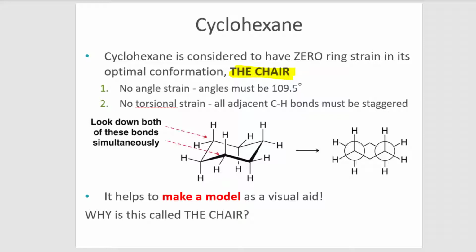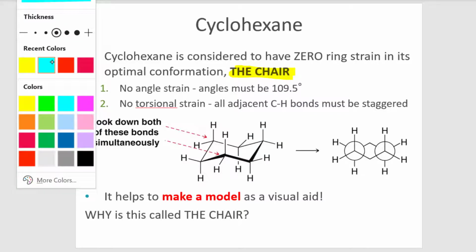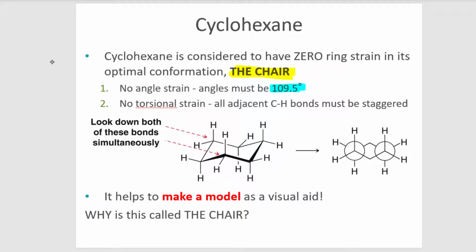But once you shake the molecule, you'll see that it'll naturally go into a chair conformation because all of the bond angles will be 109.5 degrees. So when you have a chair conformation, the key here is that you're allowing those angles to be exactly 109 degrees. So no angle strain.